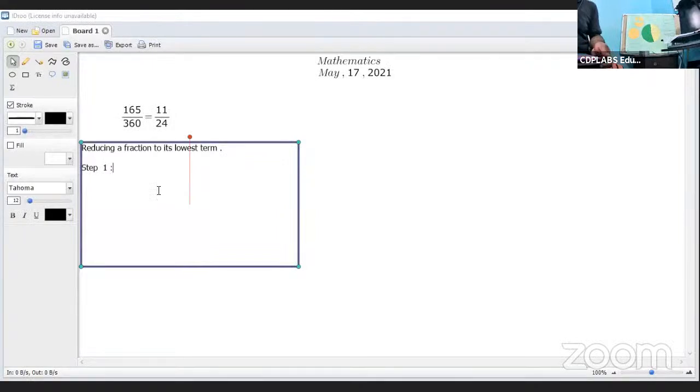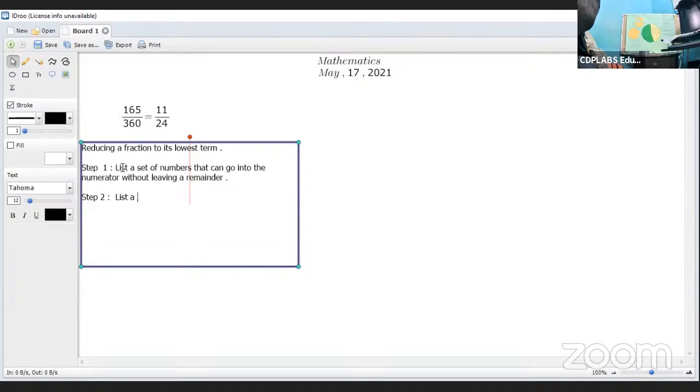All right, now step one, you're basically going to list a set of numbers that can go into the numerator without leaving a remainder. Good. Step 2, the same thing.